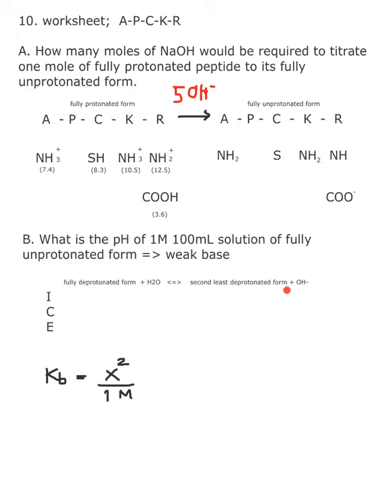The answer is the group that has the highest pKa, because it would be the first one to grab the proton from water. In this case, the highest pKa of this oligopeptide falls on the side chain of the arginine, so the pKa for this reaction would be 12.5.